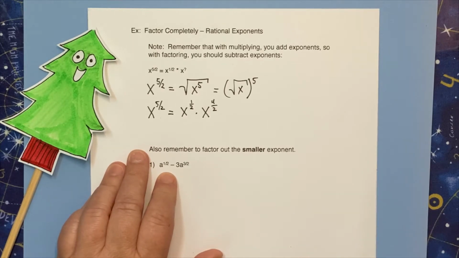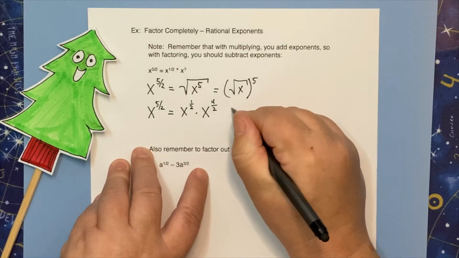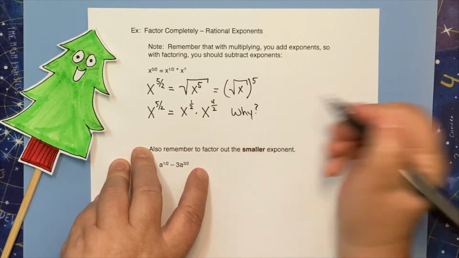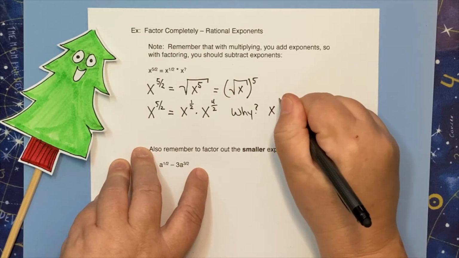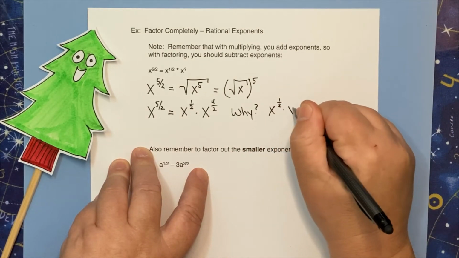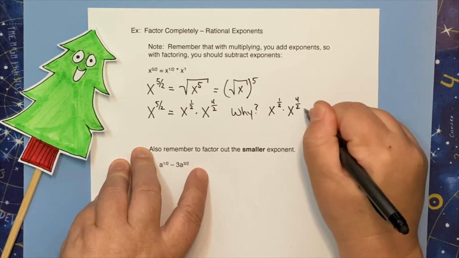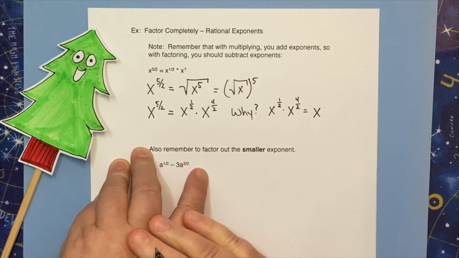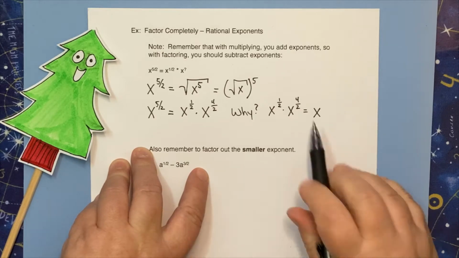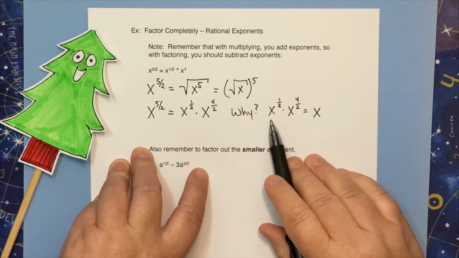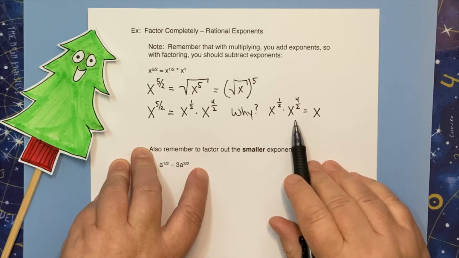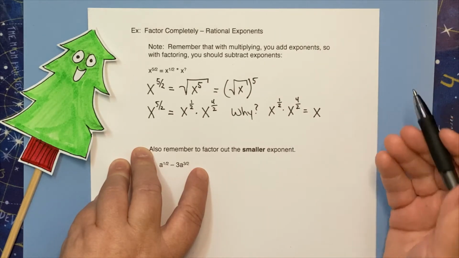Do you see why that's true? If I have x to the 1 half times x to the 4 halves, remember the rule: when you multiply and you've got two expressions that have matching bases, so both have x as a base, then what do you do with the exponents? You add them.